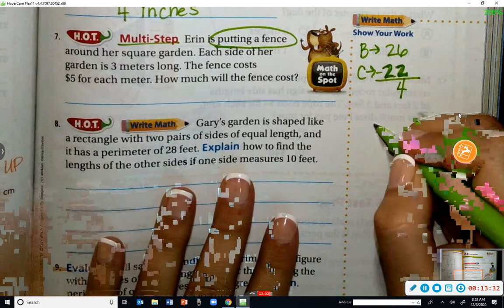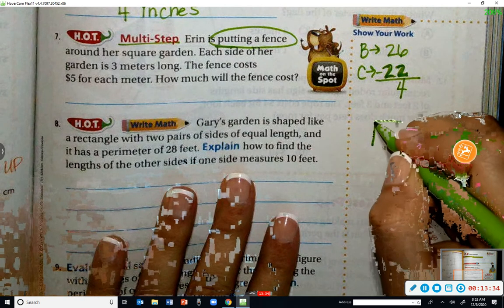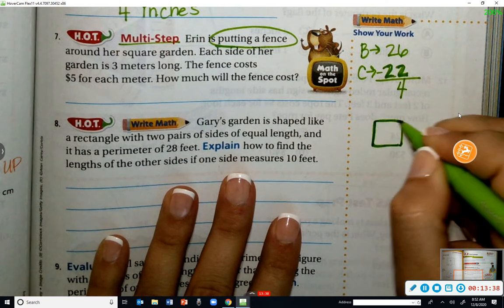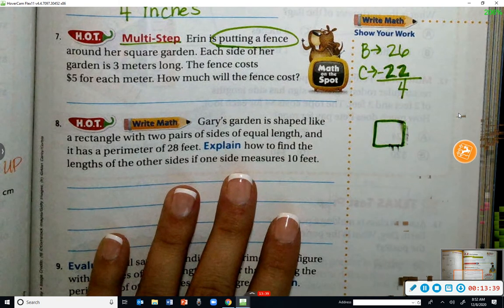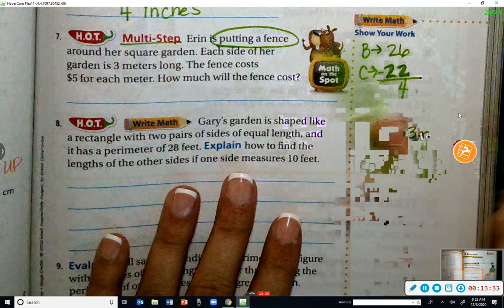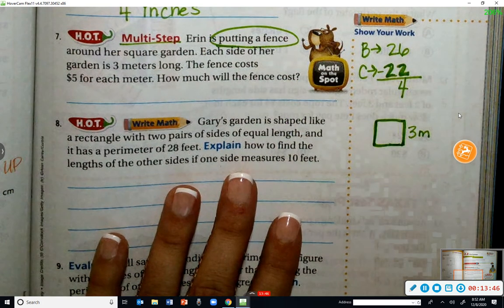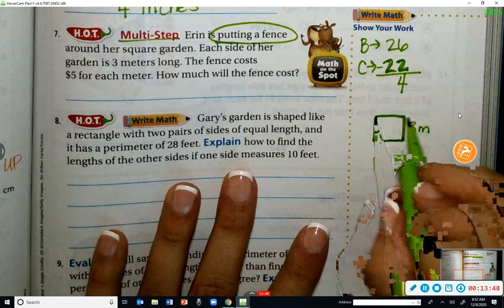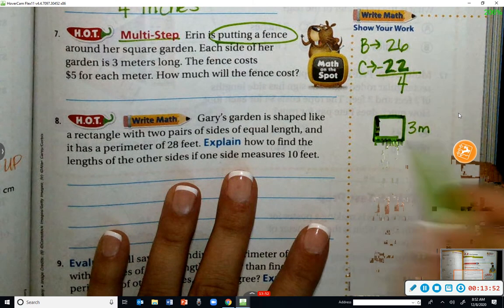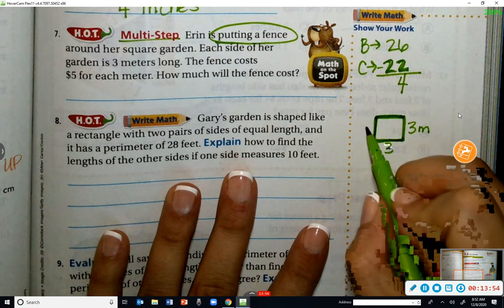So if this is my garden, it's a perfect square. And it says each side of her garden is 3 meters long. How would I find the perimeter of that, Brandon? They're all 3. Good, they're all 3.